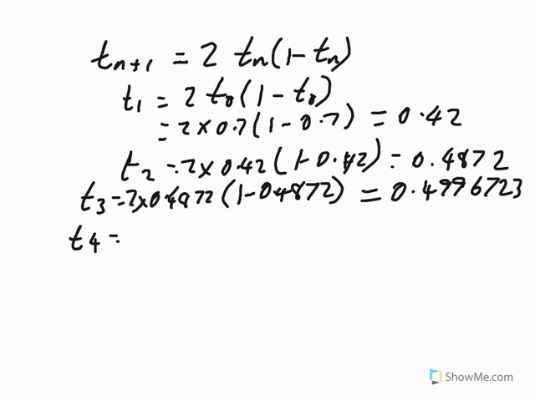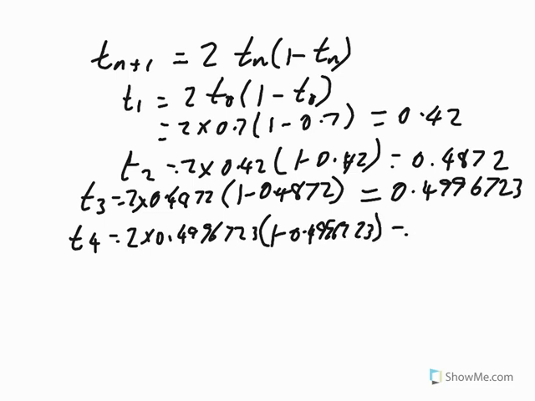And so term 4 comes out to be 2 times 0.499673, times 1 minus 0.499673, and when you work that out it comes to 0.4 and a whole bunch of 9s, 3, 4 or 5 of them, and an 8 on the end.